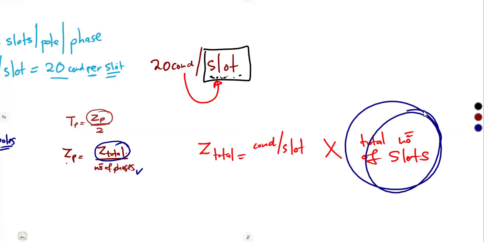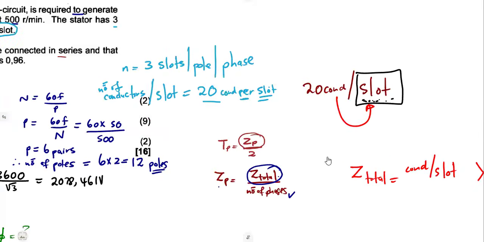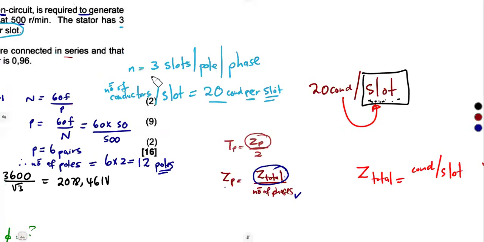Do we have the total number of slots? That is the question now. We do not have it. We are given n slots per pole, so the total number of slots can be calculated by removing the per.